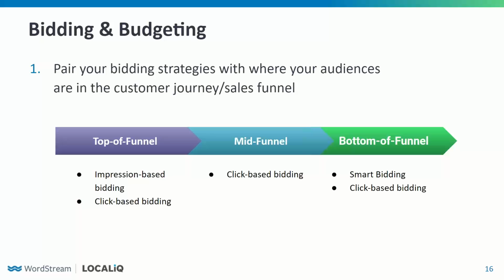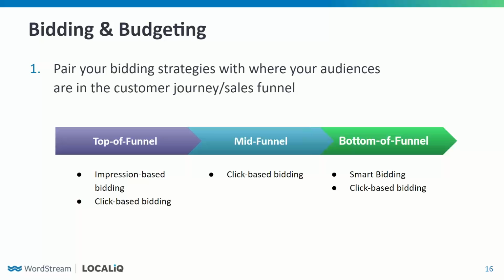If you're doing so for your top of funnel traffic, I would recommend using a slightly lower bid as compared to some of the mid and bottom of funnel traffic. Going further down the funnel, for that mid-funnel traffic, I do recommend click-based bidding strategies more so than either smart bidding or impression-based bidding. If they're not yet down towards that bottom of funnel, we may not have all of those data points for smart bidding to truly optimize for those conversions.